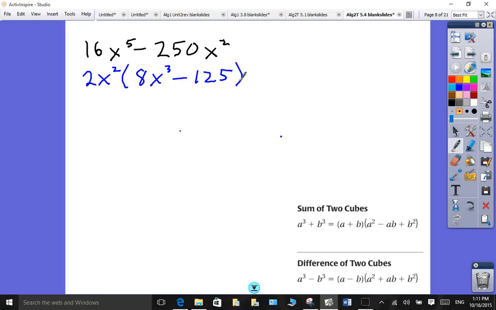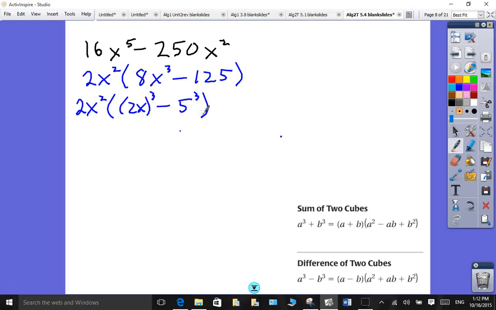125. Okay, now you've got to recognize that 8 and 125 are perfect cubes. So this thing could be written as the difference of cubes. It would look like this: 2x squared times parentheses 2x cubed minus 5 cubed.